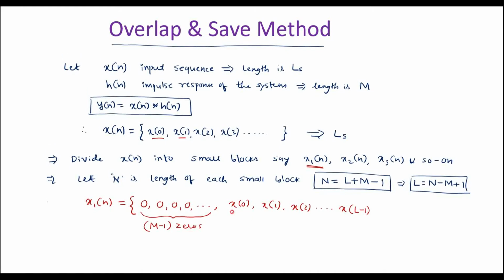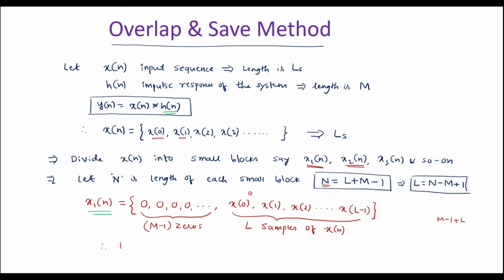It means that it consists of L samples of x of n. So this is the content of the first block.